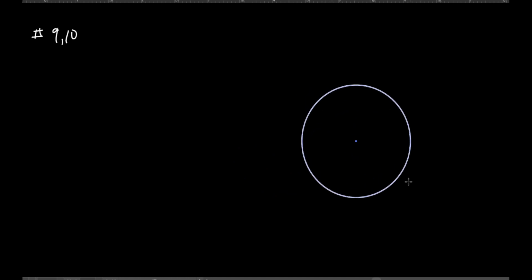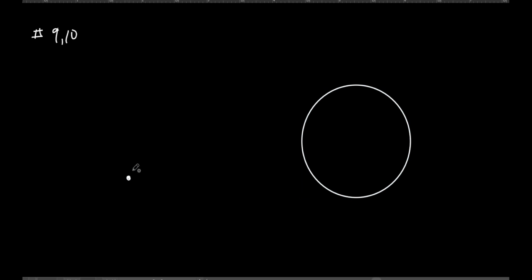And then last two, 9 and 10. Again, pretty much, let's just draw a circle. Pretty much like I just finished drawing, except they put that line in the middle. And again, I keep repeating myself, but we just went over it.